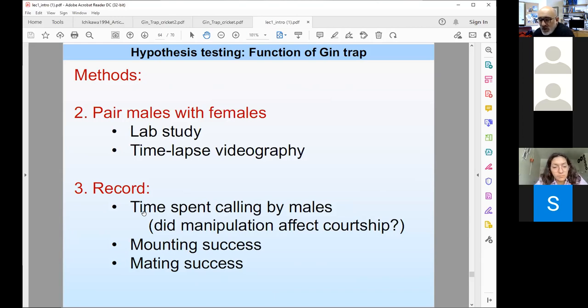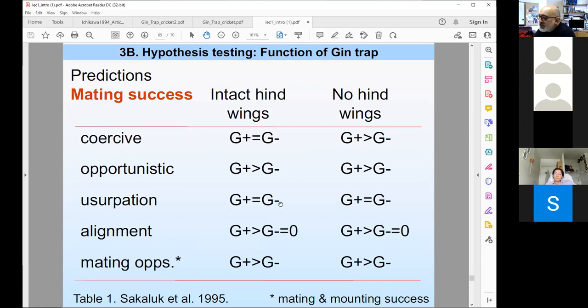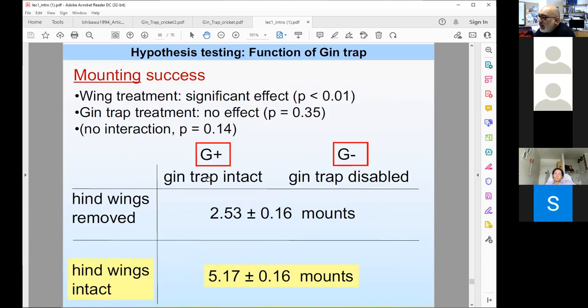And so that's what they've done with this experiment. So they're measuring the time spent calling by males, mounting success, and mating success, being when sperm is transferred successfully. These are aspects of fitness that they're measuring. These are the various predictions that I walked you through.